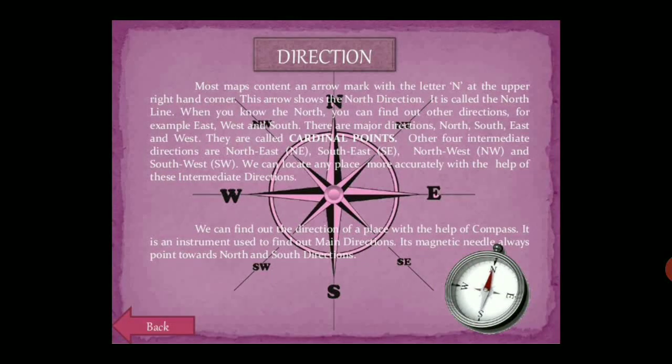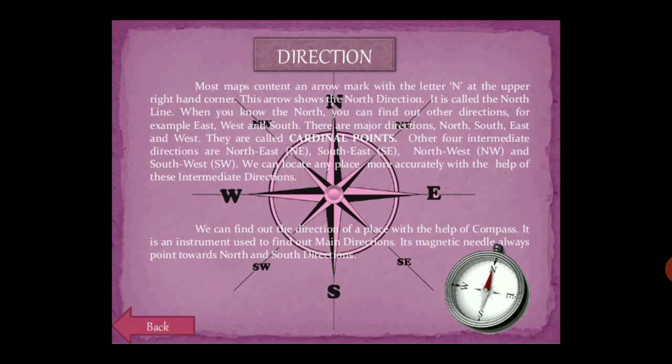Direction is another important component of maps. Most maps contain an arrow marked with the letter N at the upper right hand corner. This arrow shows the north direction. It is called the north line. When you know the north, you can find out other directions, for example, east, west, and south.